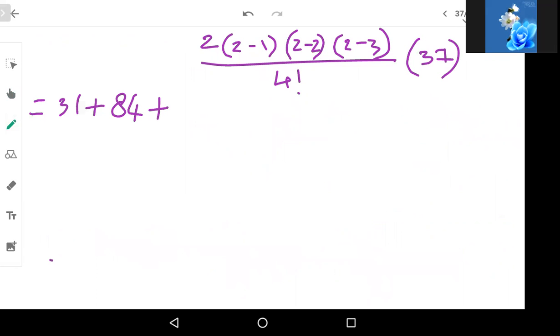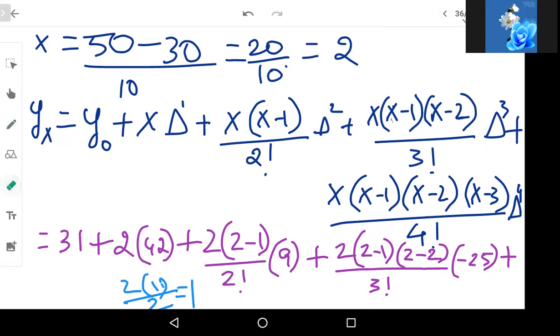You just have to do the simplification then and there. If you are getting confused, do it stepwise. If not, you can do it directly also.